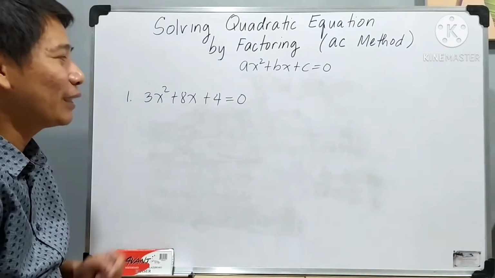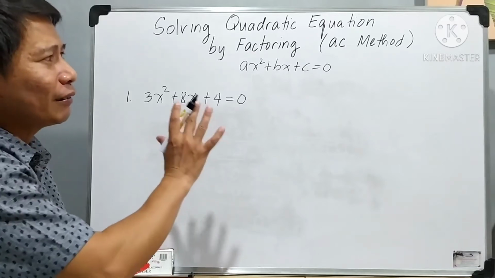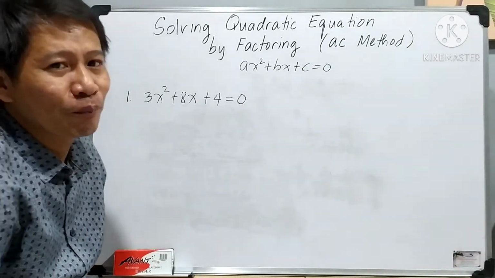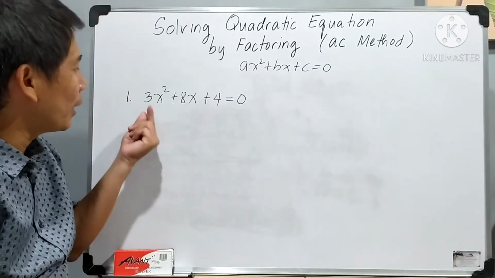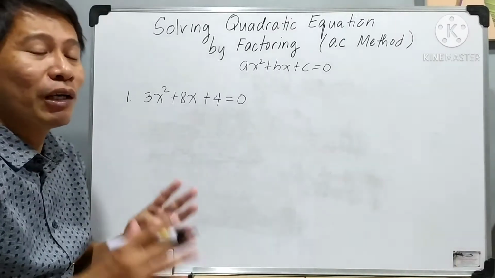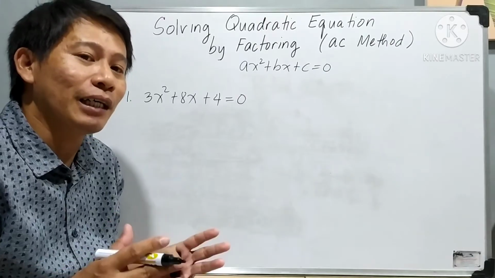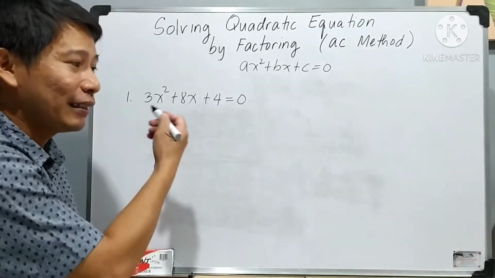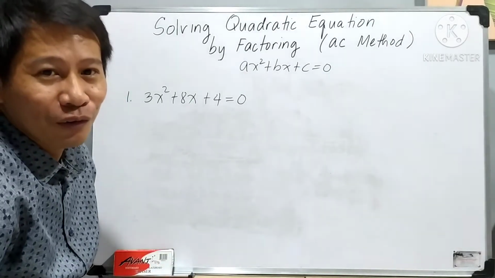Ito medyo complicated. So, ganun pa rin ang ating method, factoring. Kaya lang, pag ganito na kasi ang ating terms, ang usual way na ginagamit dyan sa pagpa-factor niyan ay yung trial and error.